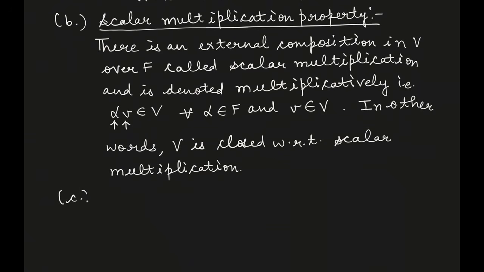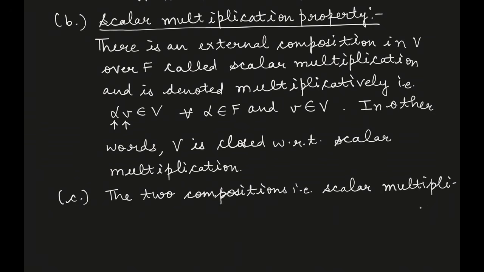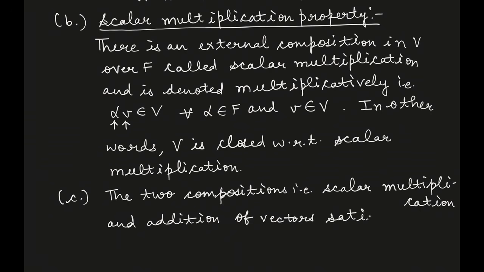Now, it needs to satisfy four more properties. The two compositions, that is scalar multiplication and addition of vectors, satisfy the following conditions.